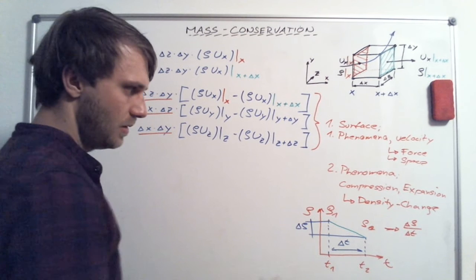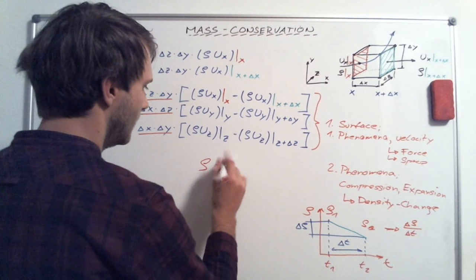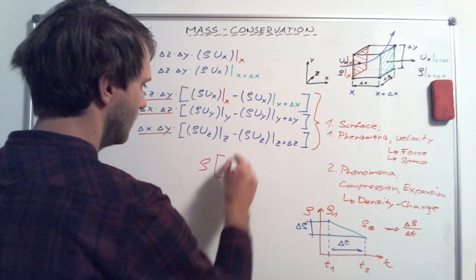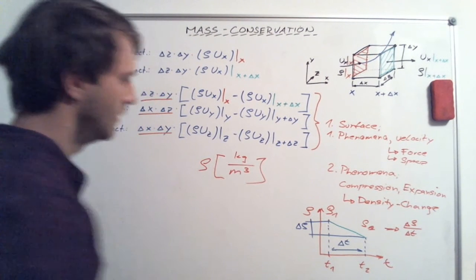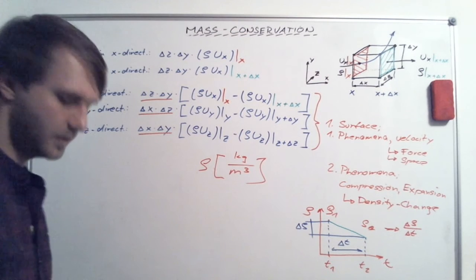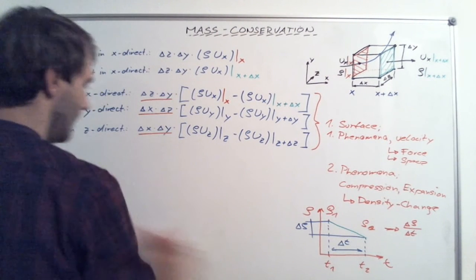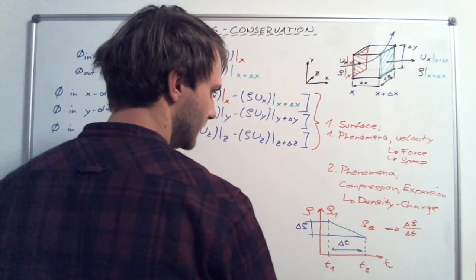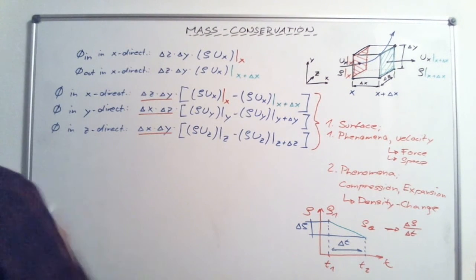If you are not sure about what it acts on, you just have to check out the units. So this acts on some volume, so the density is some volume guy. So this would be the first phenomena.